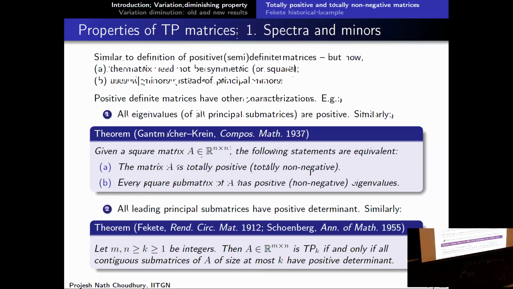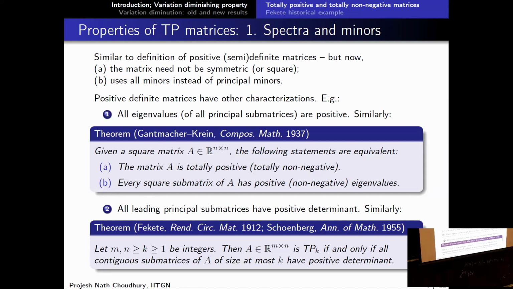The next one is the Sylvester criterion. Instead of looking at all principal minors, one can characterize positive definite matrices with leading principal minors. Again the question is whether, instead of all minors, you can reduce the number of minors. This was done by Fekete in 1912 for totally positive matrices, and further refined by Schoenberg in 1955 for totally positive matrices of order k.